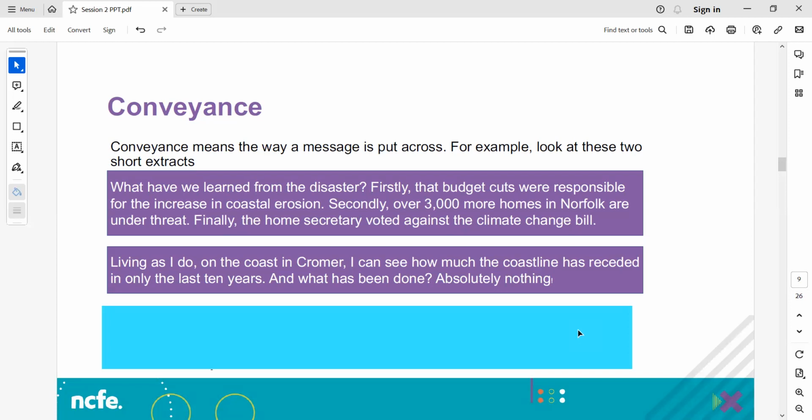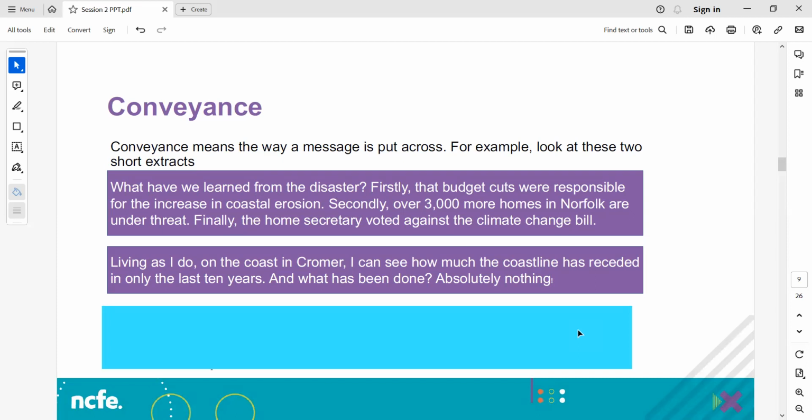Can anyone tell me any thoughts they have about the way these different extracts put across that message about coastal erosion? Any comments at all about both of them, or either of them? The second one is someone's idea. Good.